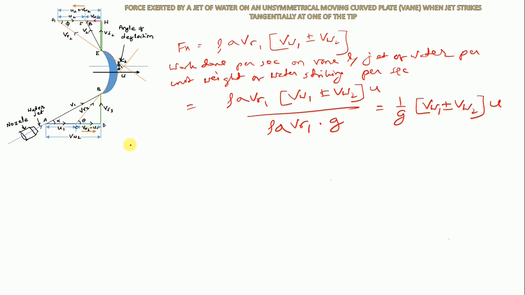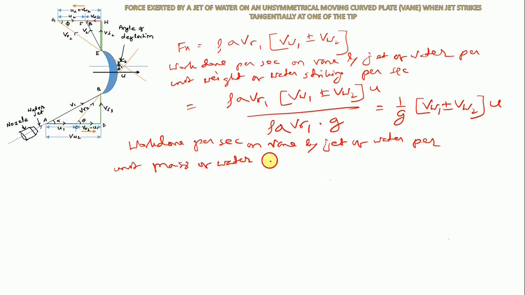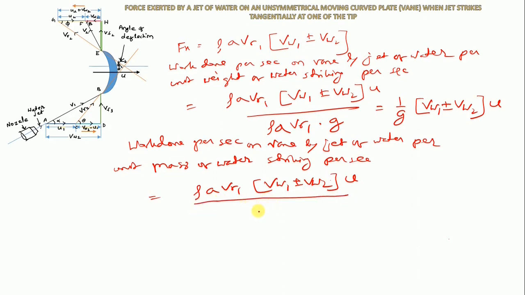Next is work done per second on the vane by the jet of water per unit mass of water striking per second is equal to rho a Vr1 into Vw1 plus minus Vw2 into u divided by rho a Vr1.